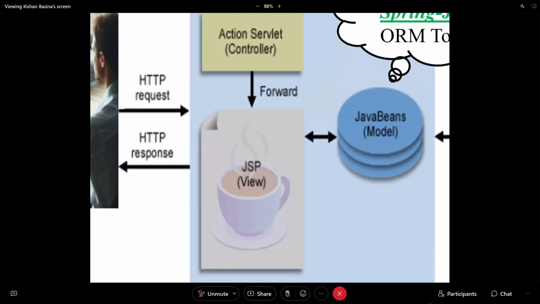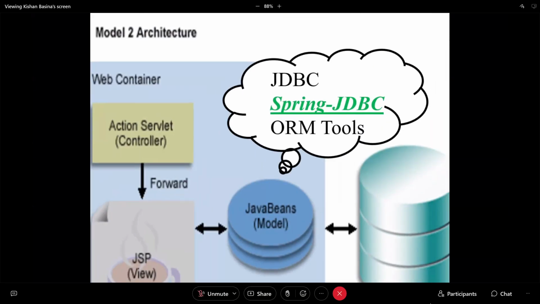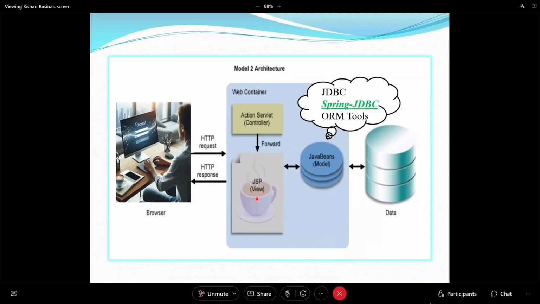Whenever it is doing that, obviously Java beans will come into place. We are using session tracking mechanisms. Did you remember that? When you are speaking about Java beans, that is model, we need to use either JDBC or Spring or ORM tools. ORM means object relational mapping tools like Hibernate.